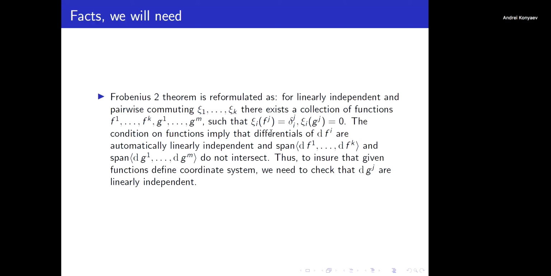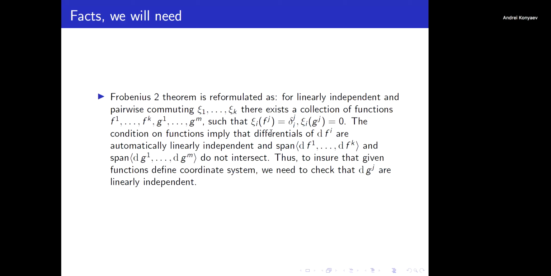Moreover, they're independent of the functions g. The g are different. They are the integrals, right? So their differentials and the differentials of functions f do not intersect. The linear spaces they span in the cotangent bundle do not intersect. So basically, when you have functions f, you need functions g with only one condition. Those functions g should be linearly independent.